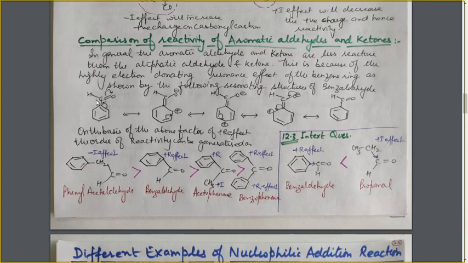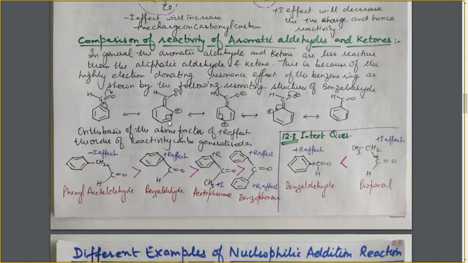We all know that groups having a carbon and oxygen multiple bond, or carbon and some other heteroatom bonded through multiple bonds, have the minus R effect, an electron withdrawing resonance effect. So this group has the minus R effect, and if it is electron withdrawing in nature, the benzene will be electron donating in nature, which is clearly visible from these structures.